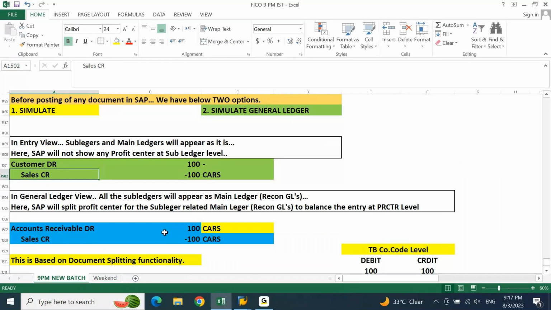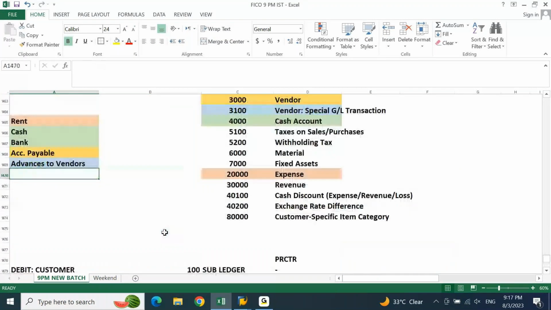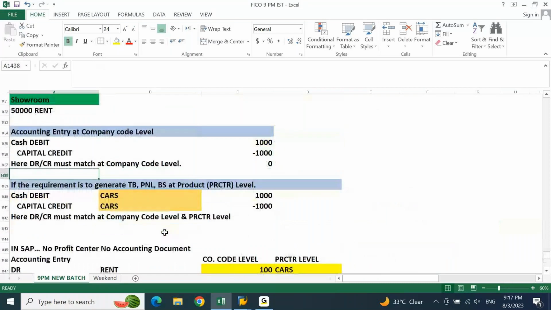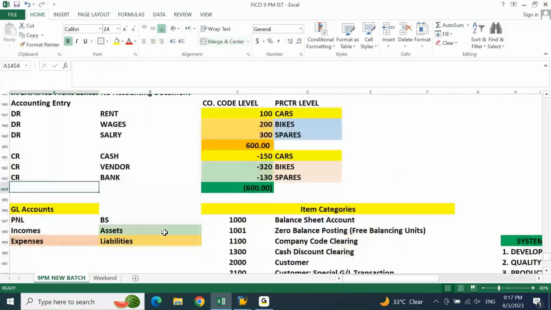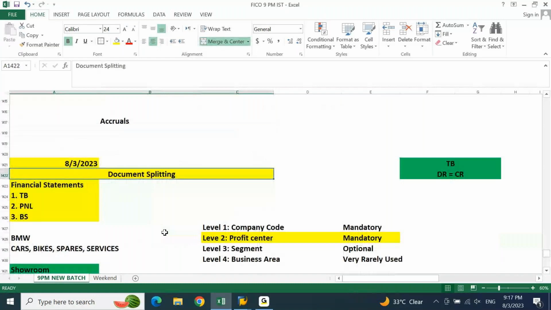Hello. Yes. Sir, I understand everything. A little bit like, why should we not apply it at subledger level? In the vendor master, we are creating the reconciliation account.